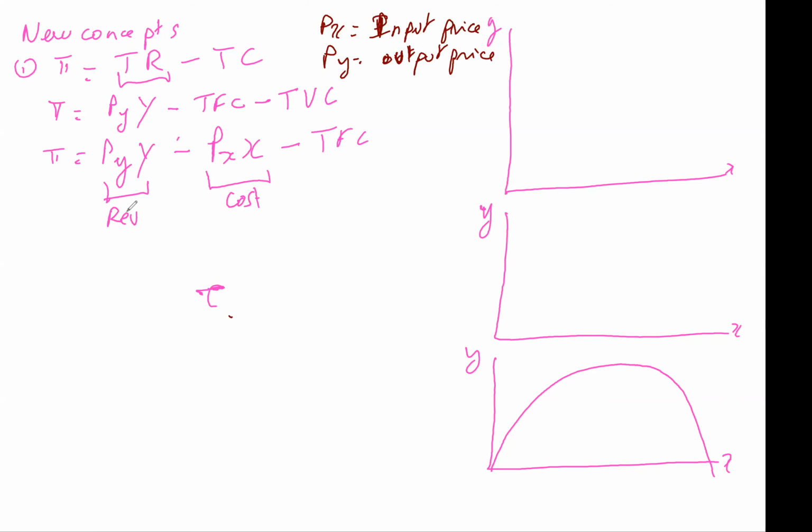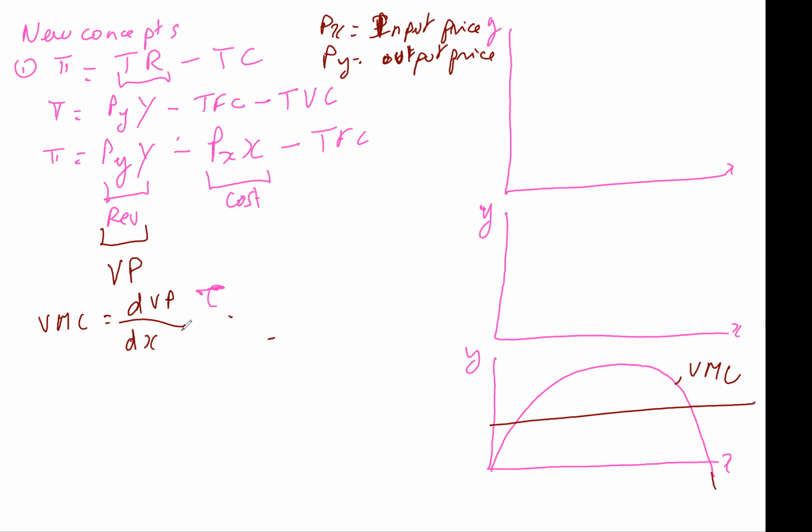And so the total revenue is the same as what we call value product. We don't call it value cost, I don't know why, but value product. And so the value marginal product. What is the value marginal product? It is the derivative of the value product with respect to X.